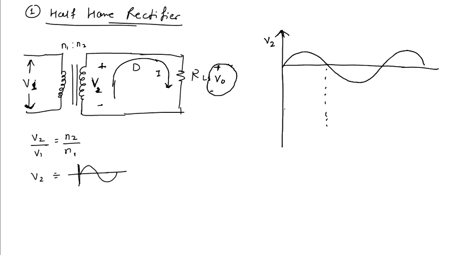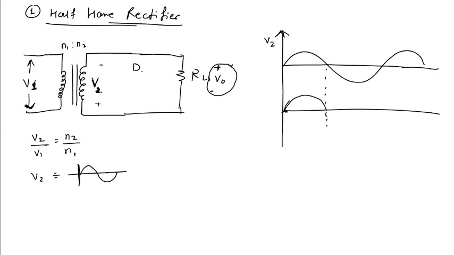During the first half cycle, the diode was forward biased and a pulsating current was there in the circuit, and a pulsating voltage was obtained across the load resistor. Now during the negative half cycle, the polarity of the input will be reversed and the diode in the circuit will be reverse biased.